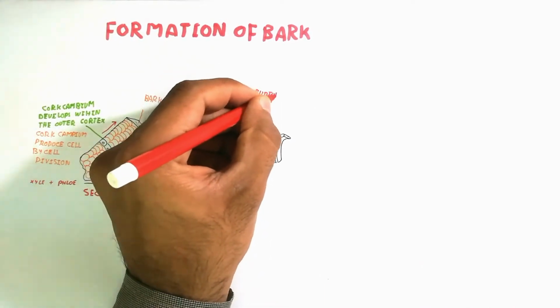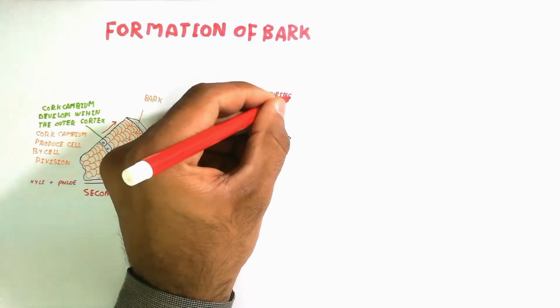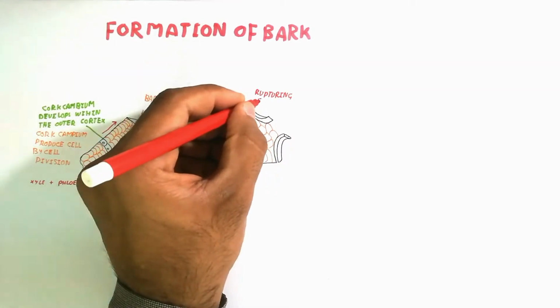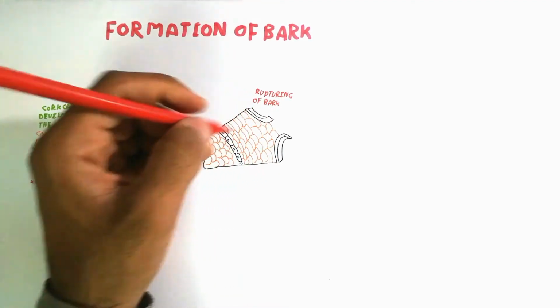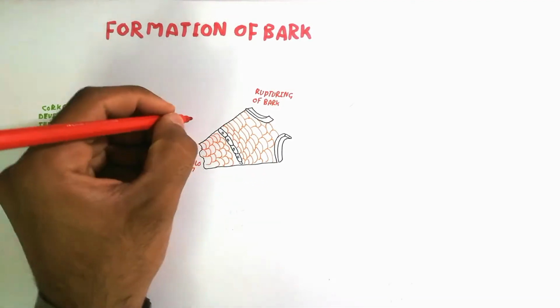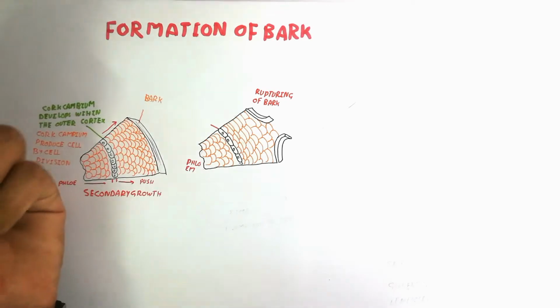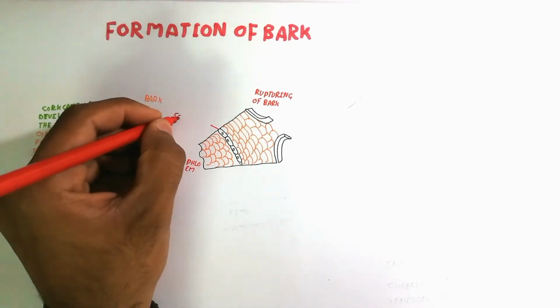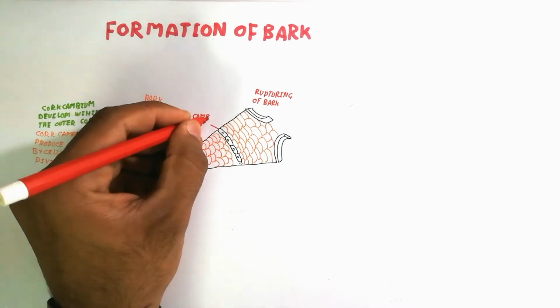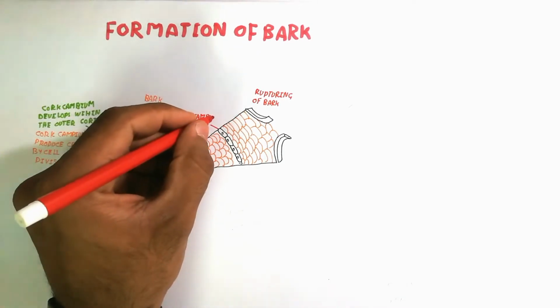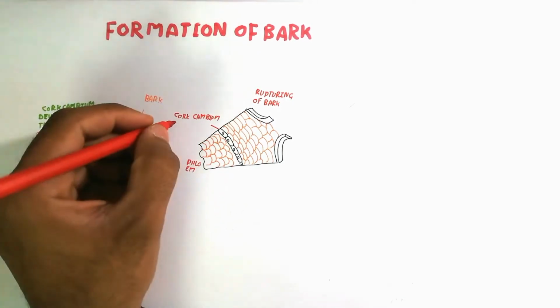So the rupturing of the bark is due to cambium activity, the production of cambium. The second one is the phloem on its inner side, and the cambium produces cell division, and there is the rupturing of bark, because the inner side will go outside.